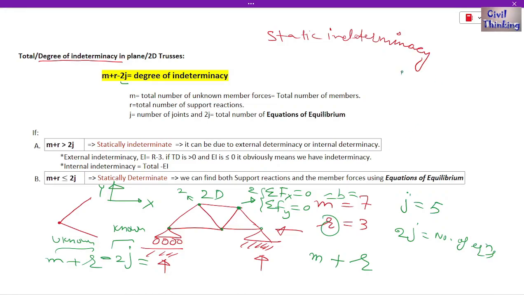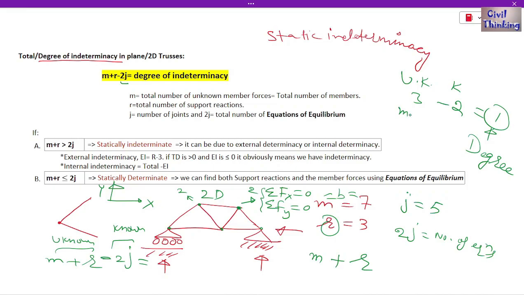For example, unknowns are 3, and knowns are only 2. So 3 minus 2 is 1. This number is the degree of indeterminacy. If some structure has 1 degree of indeterminacy, unknowns minus knowns, how do we find this?